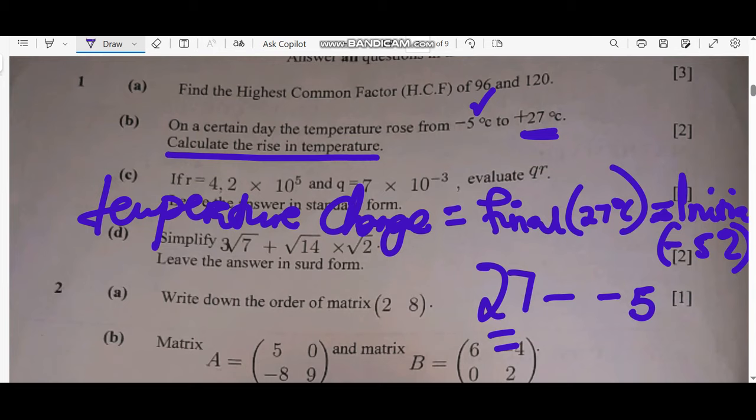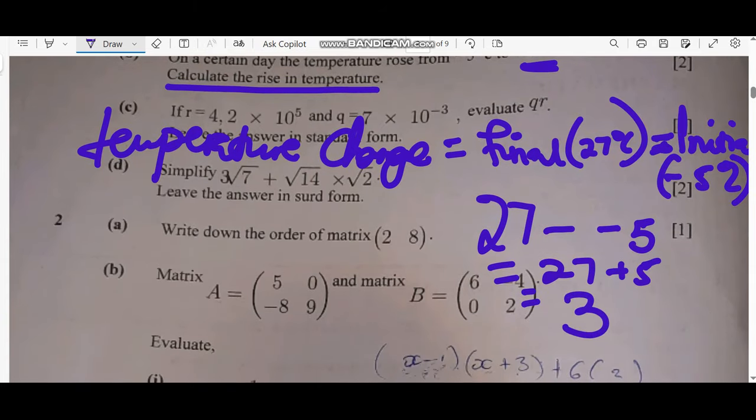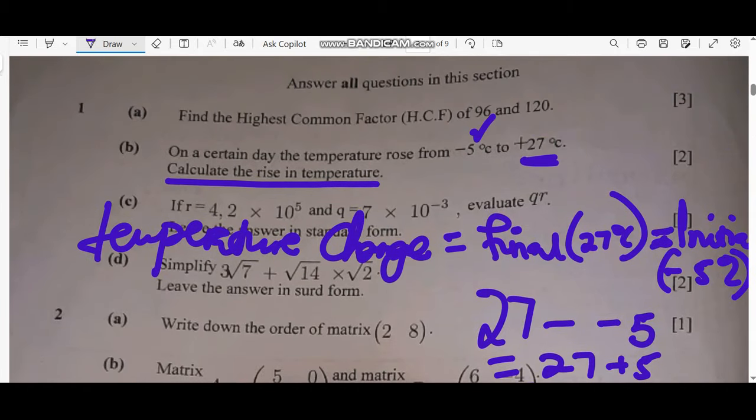Then you get 27 plus 5, which gives us 32 degrees Celsius. This was the temperature rise that caused the temperature to change from minus 5 degrees Celsius to 27. You get the sense?